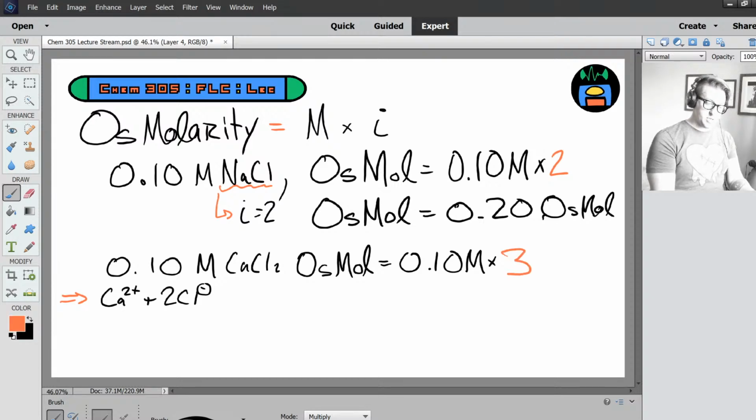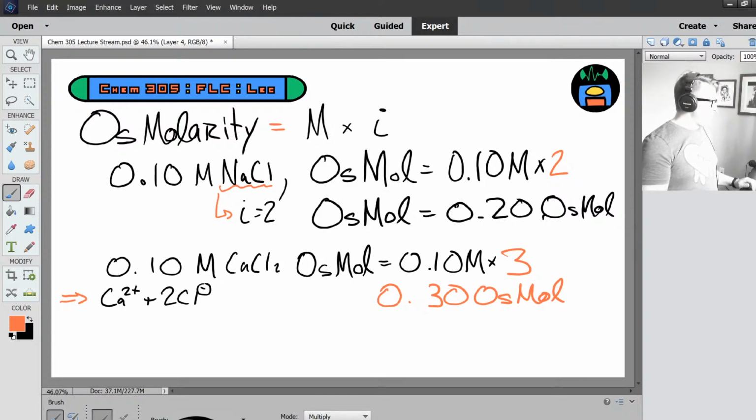So we would say the solution is 0.30 osmolar. All right. Now, the reason why we're learning this new concentration unit is because you can compare the osmolarity of one solution to the osmolarity of another, and predict which way the solvent will flow, based on the osmolarity.